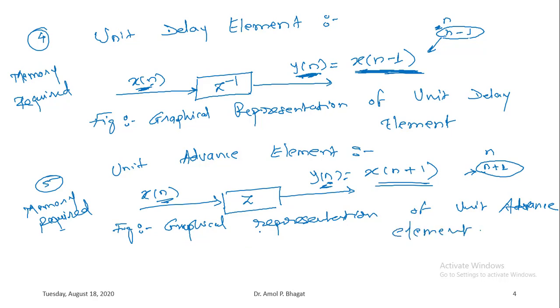Okay. So here you are applying input x of n, and it is producing output which comprises the future input sample, right?